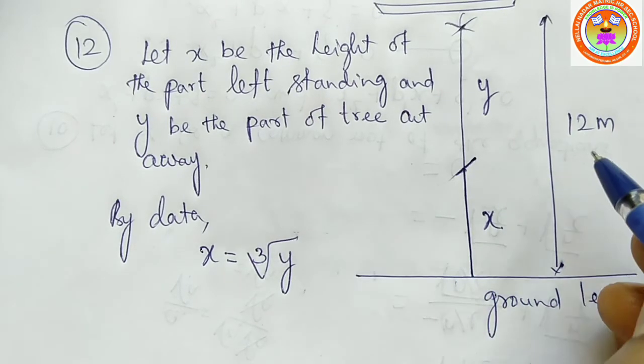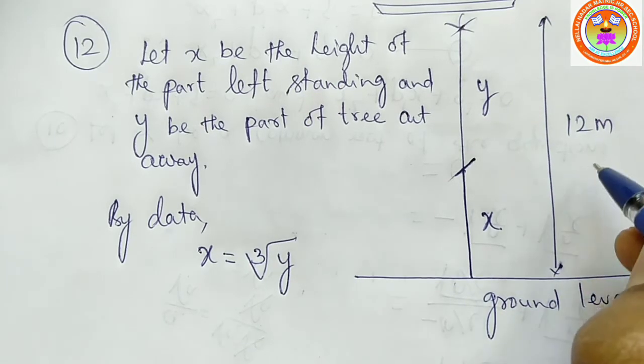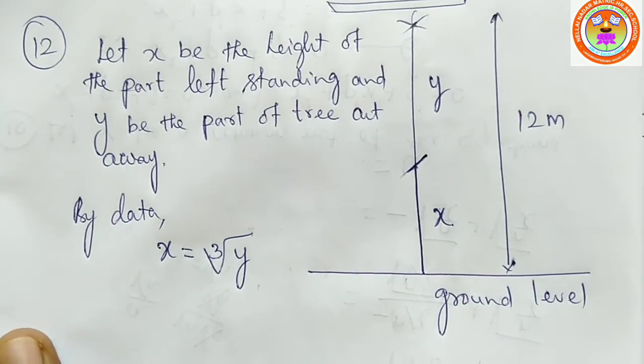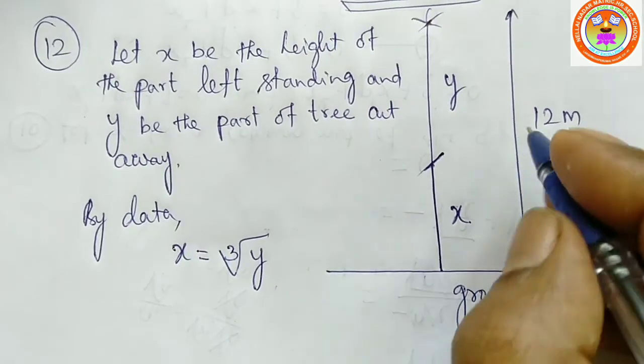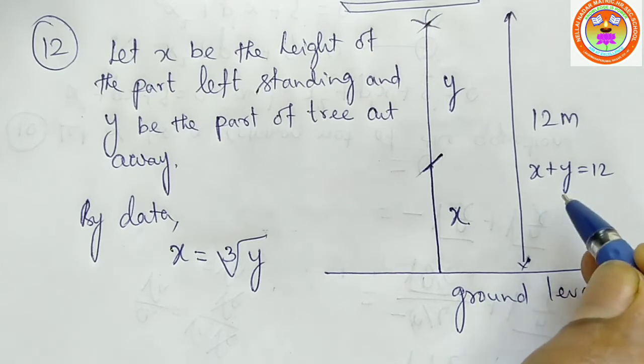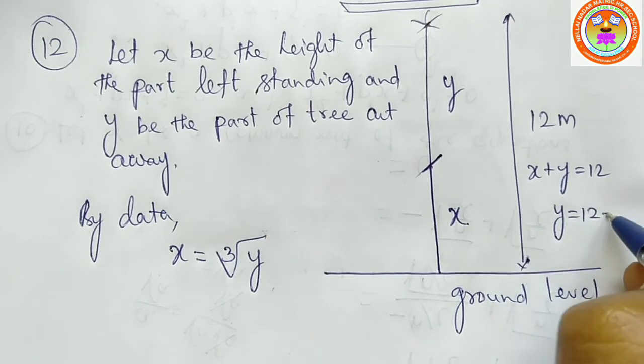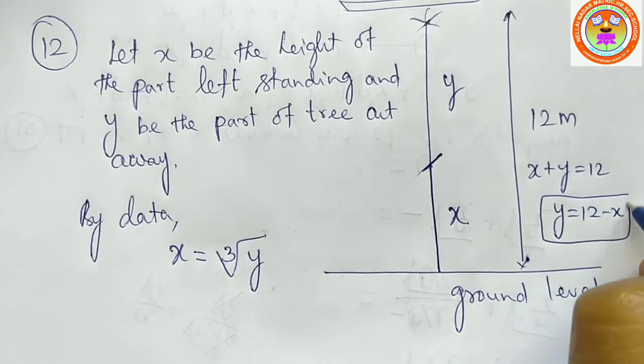See, the height of the tree is 12. That means x plus y is equal to 12. So from this, we can find y. What is y? y is equal to 12 minus x.